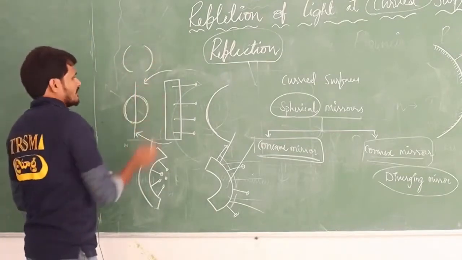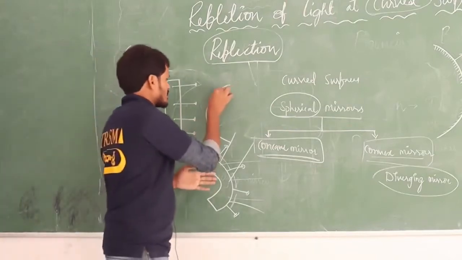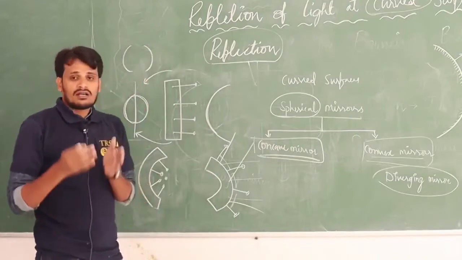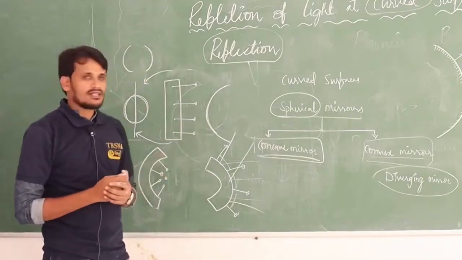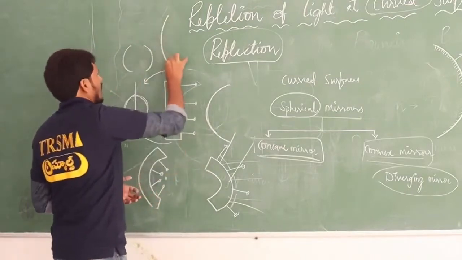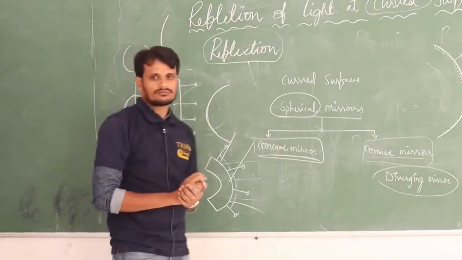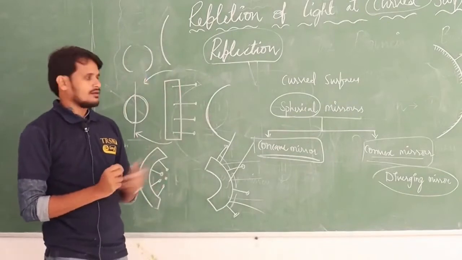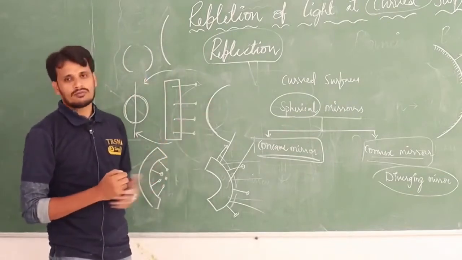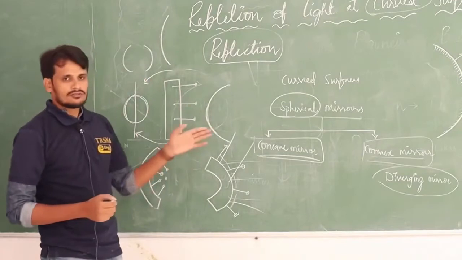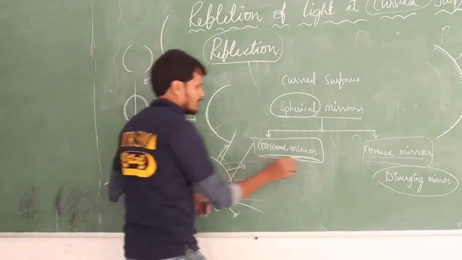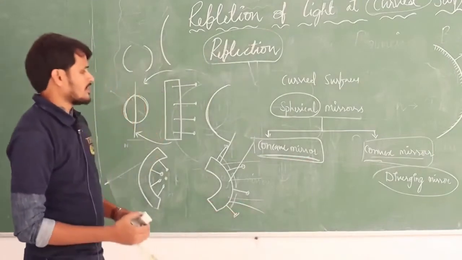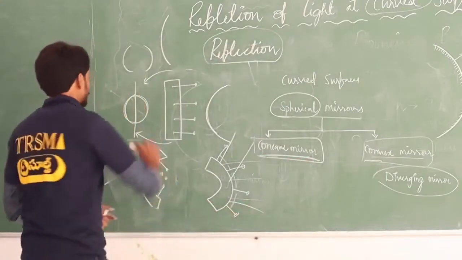In textbooks they mention a concave mirror is in a semicircular shape, but actually concave and convex mirrors exist like an arc, the shape of an arc, and that is why we are calling them semicircular, spherical, curved mirrors. So many names are there. So let's see the properties of concave as well as convex mirrors. Let's see first the properties of a concave mirror.